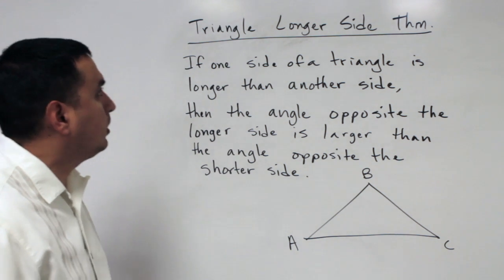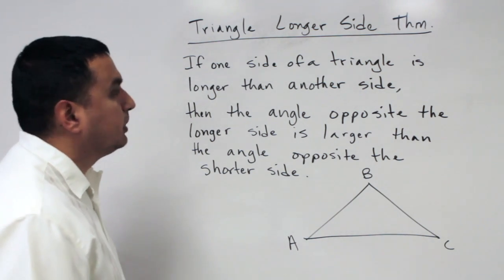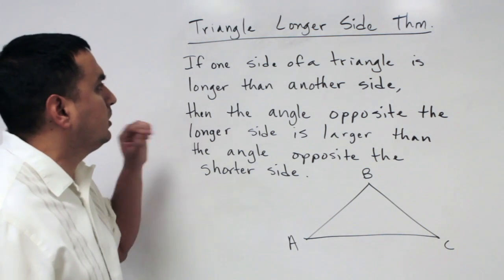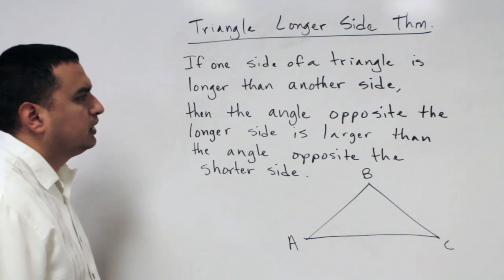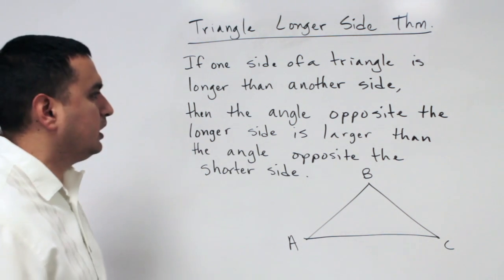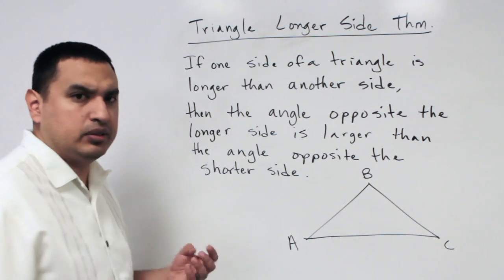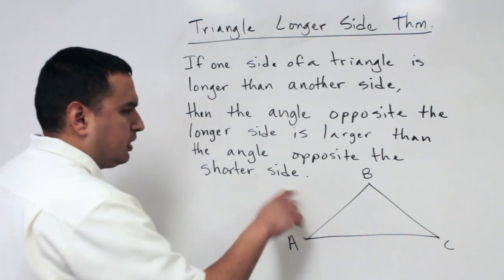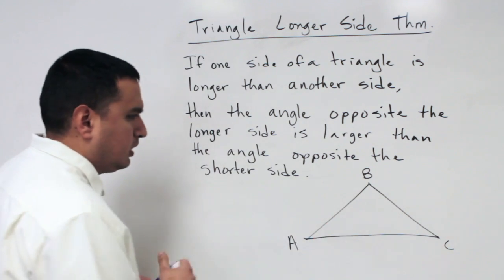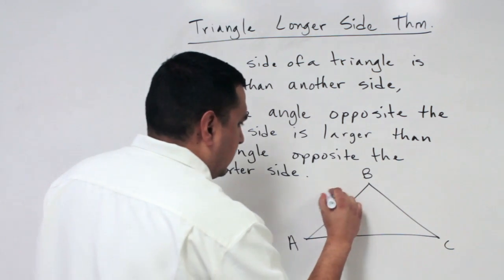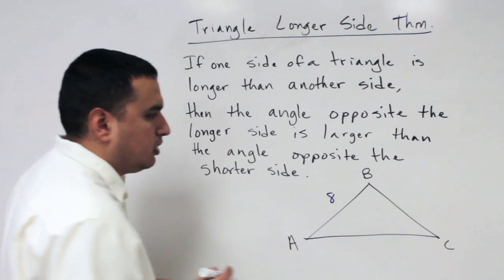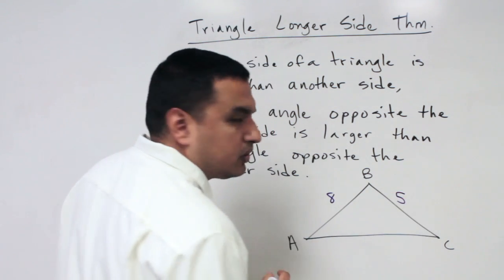Next we have what's called the triangle longer side theorem. What that says is if one side of a triangle is longer than another side, then the angle opposite the longer side is larger than the angle opposite the shorter side. So if I have this triangle ABC, and let's say that side AB is 8 units long, side BC is 5 units long.